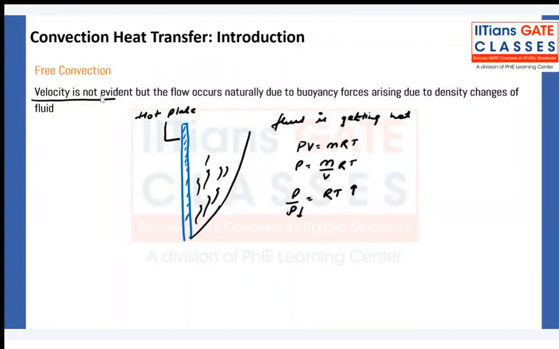Density is decreased, that's why the fluid is moving upward. If the fluid is getting cold, for example, a hot fluid is flowing over a cold plate, that means the temperature of the fluid will decrease and it will flow downward. So anyway, the movement of fluid is happening, but velocity is not very significant. These types of heat transfer are called free convection.